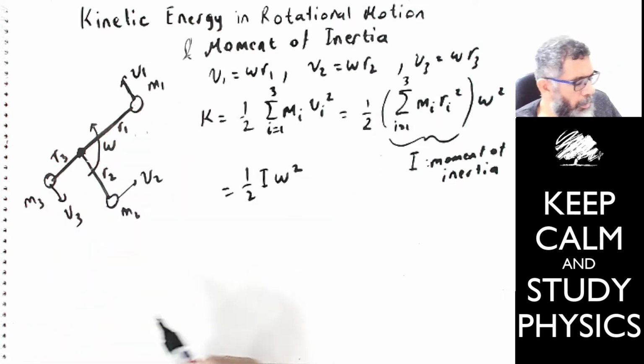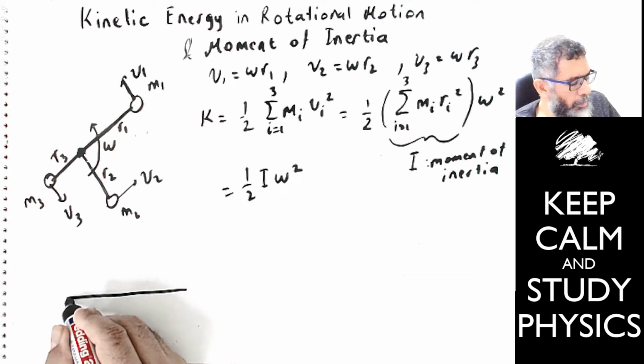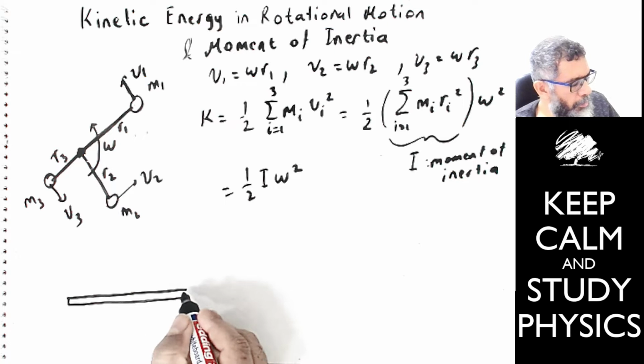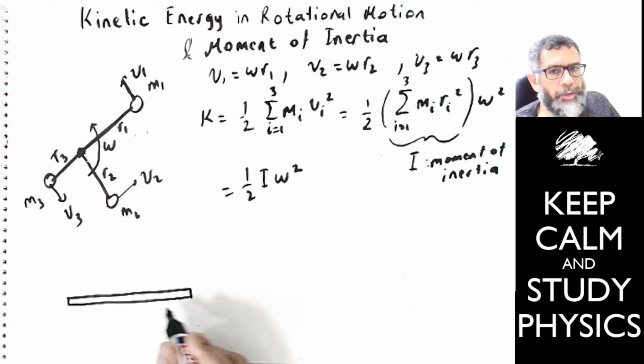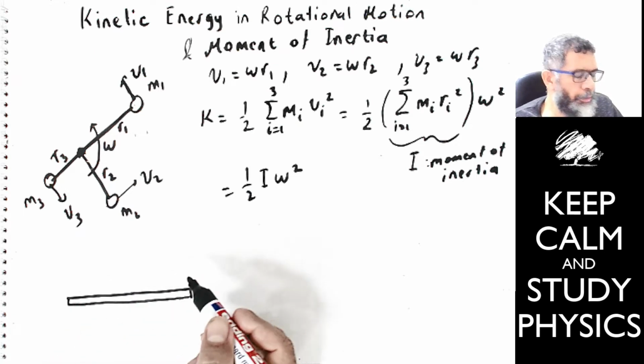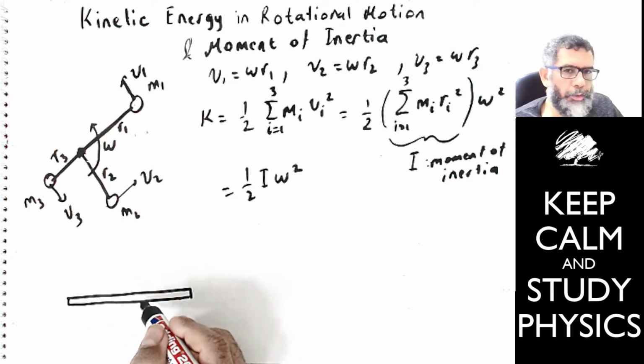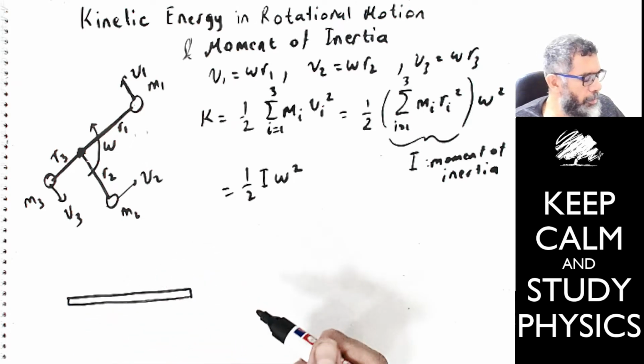For example, suppose you have a rod like this, which has a distributed mass. It's not a point mass, it's a rod. Let's say it's a uniform rod, that means every single piece of this rod has the same density.